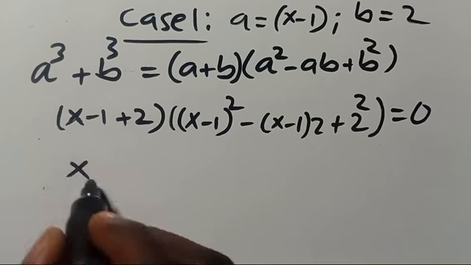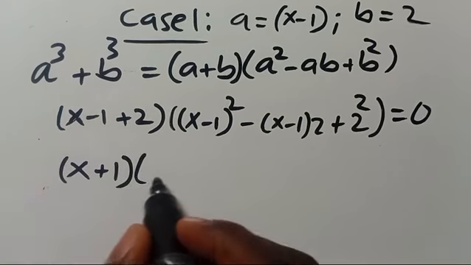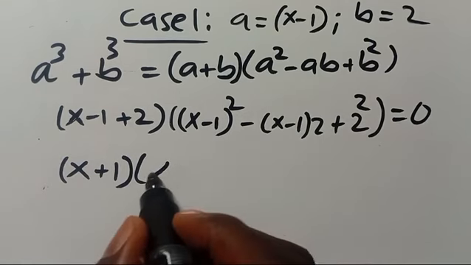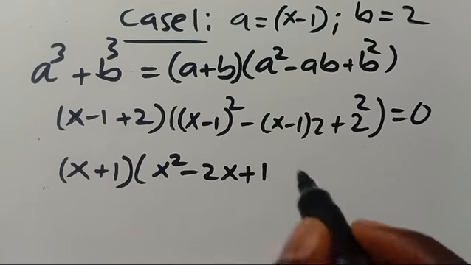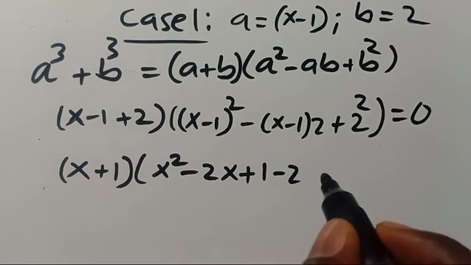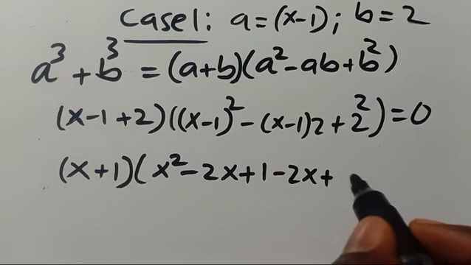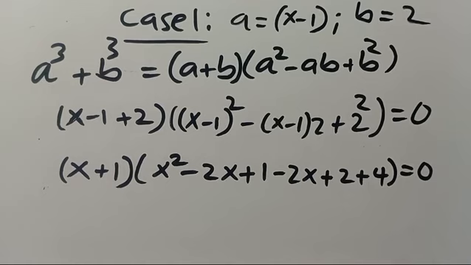So from here we have x − 1 + 2 will give us x + 1. The expansion of this will give us x² − 2x + 1. When you open the bracket with minus from here, this will also be −2x, then plus 2, then this will give us plus 4 equals 0.